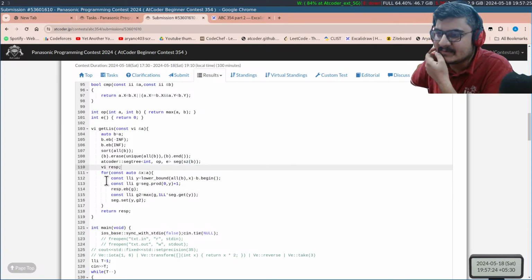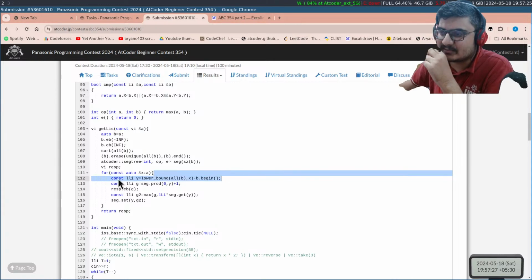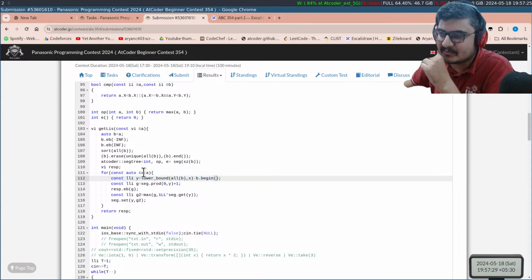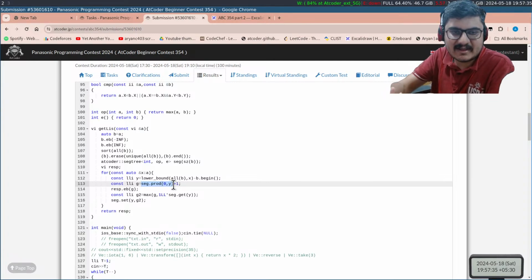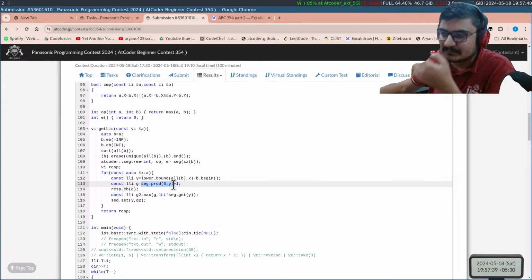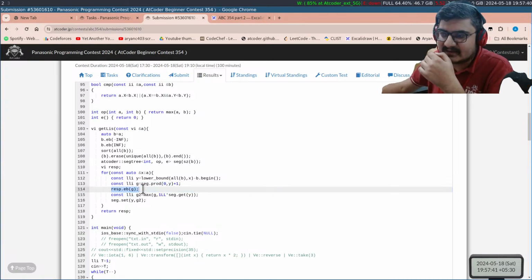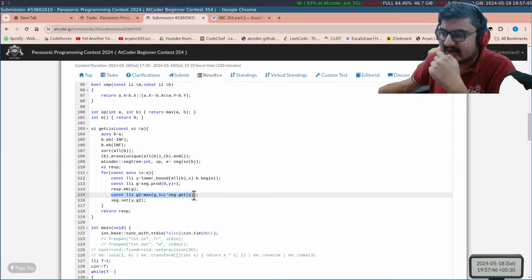I find the compressed coordinate y for the current element, and then I look at the best value for elements from 0 to y-1, because it says strictly increasing. So I include that in the current response.